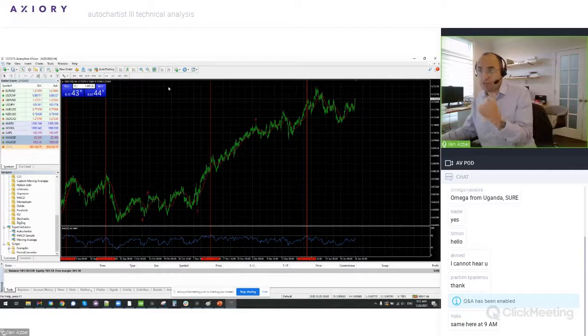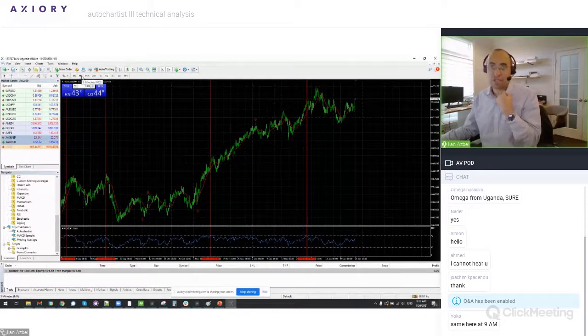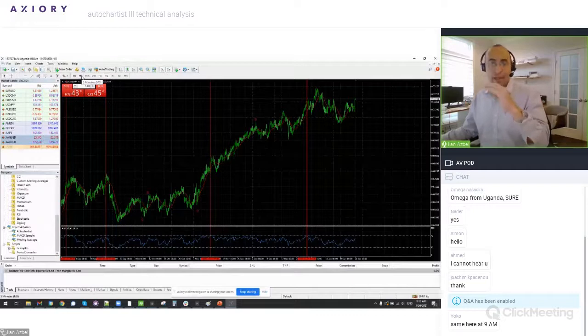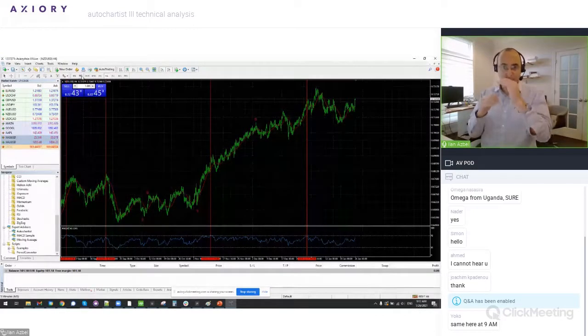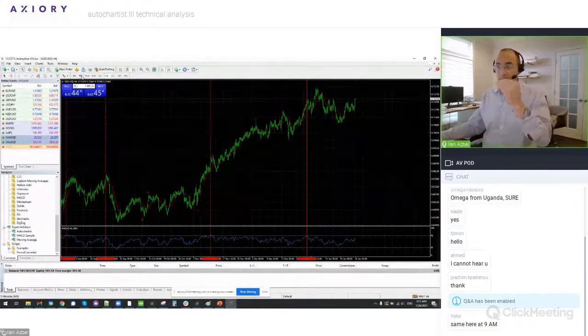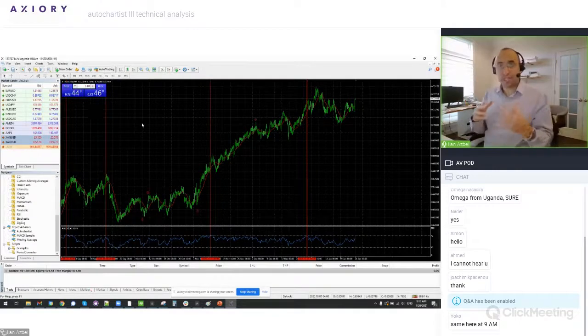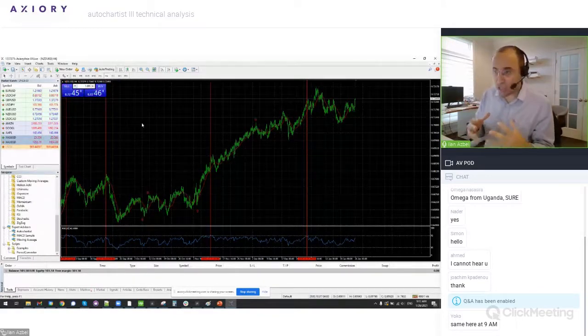Now, if you're playing mean reversion trading, you should probably not be trading the 1 minute or the 5 minute charts because the movements are really, really small and it's sometimes difficult to capture profits. But on the kind of 30-minute, 1 hour charts, it's easier for retail traders to be mean reversion traders.